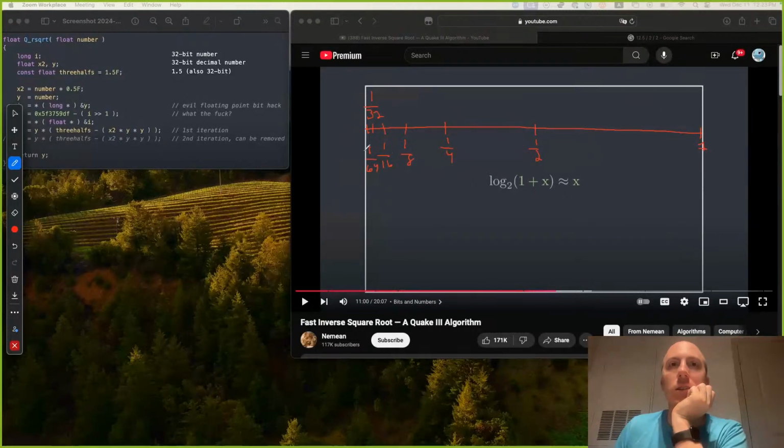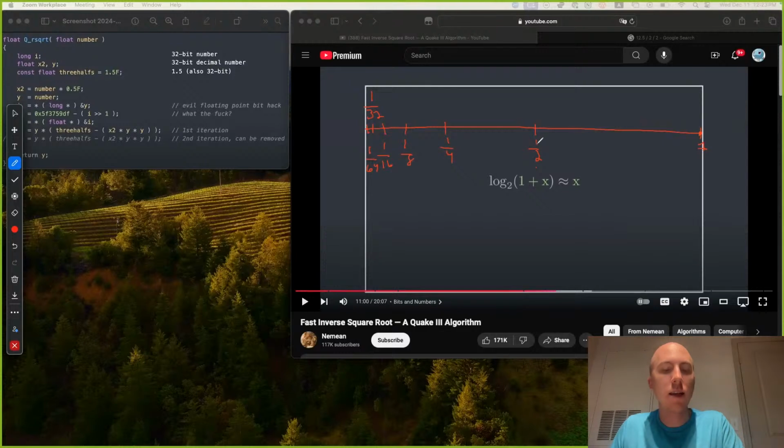So log base 2 of 1 is 0. Log base 2 of 1/2 is -1. Log base 2 of this is -2.